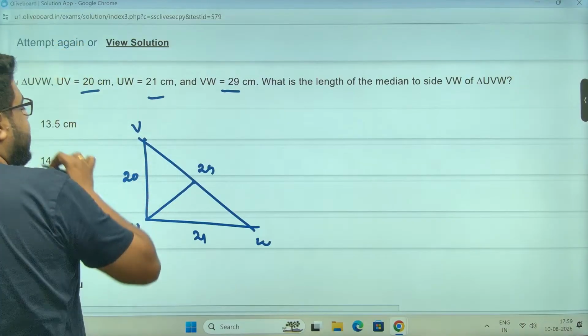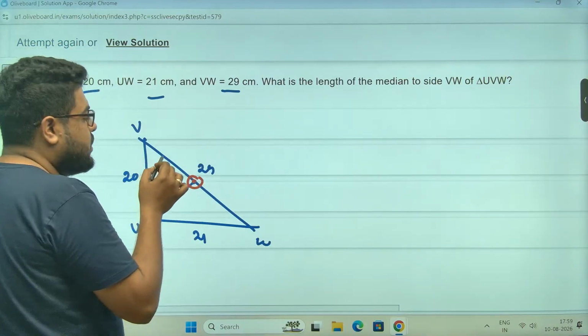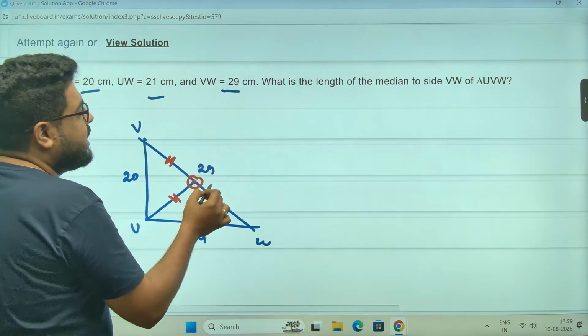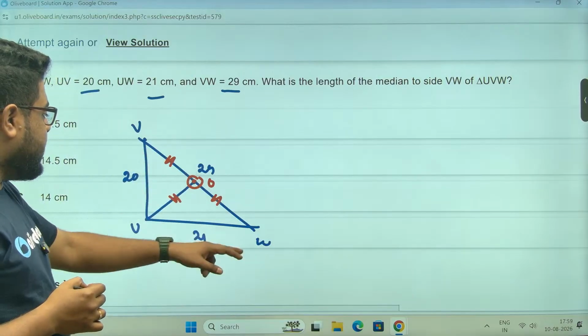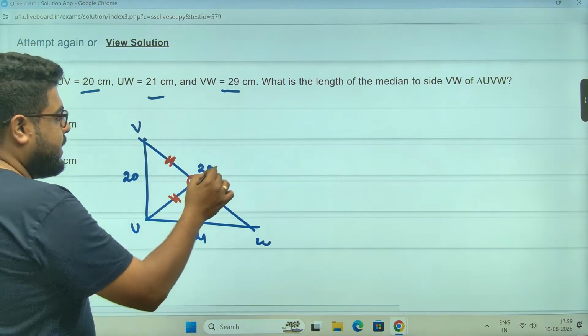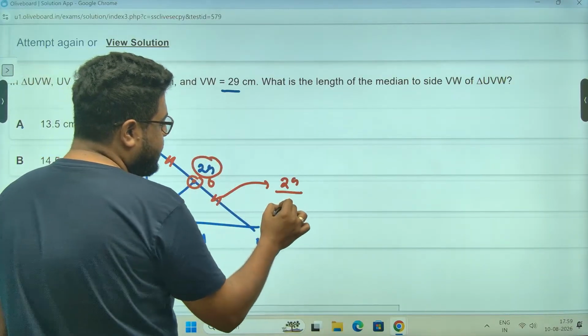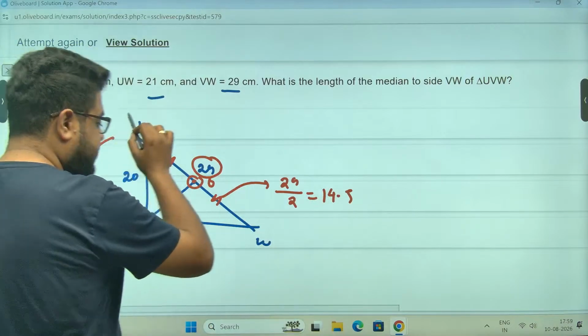The median of this triangle will always go to the circumcenter, which I name O. So OV, OW, OU are all circumradius and all three are equal. So that will be 29, the whole distance, by 2, meaning 14 and a half. Option B is the answer.